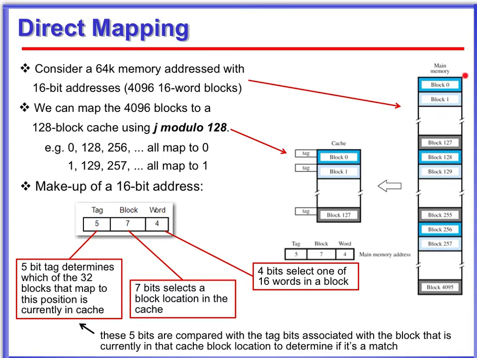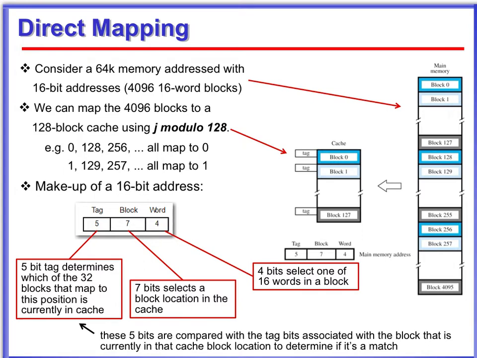The contiguous memory locations are grouped into blocks, and in this example a block consists of 16 words, okay? That's true in the main memory and in the cache.